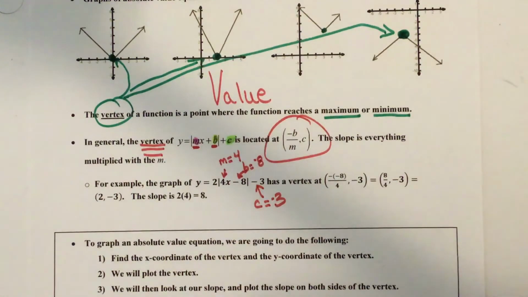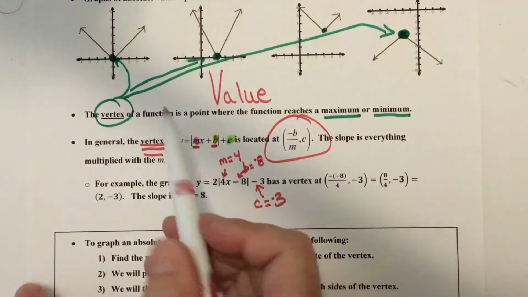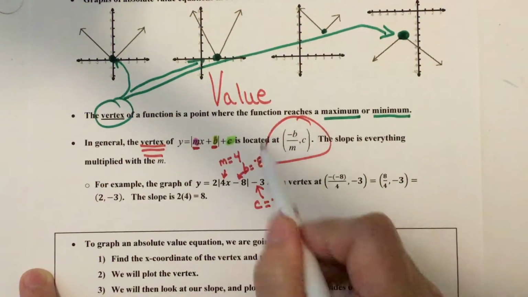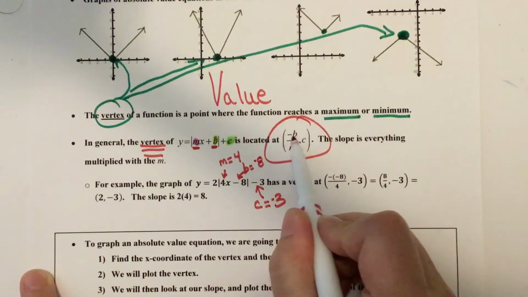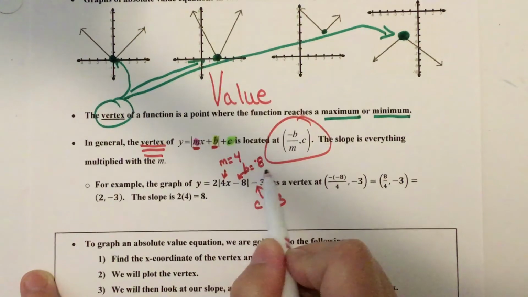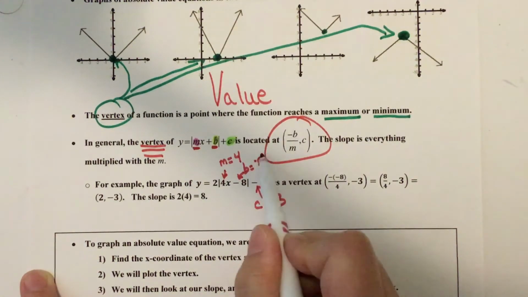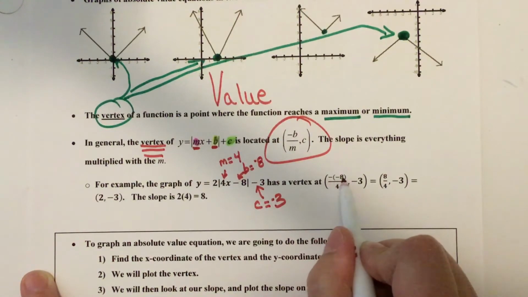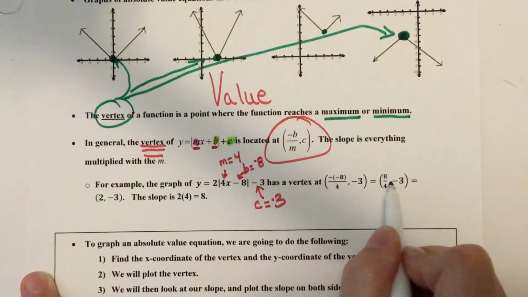Right now, what I'm trying to get us to figure out is what the vertex is. To find the vertex, we use this formula. It says take the opposite of B. So it wants me to take the opposite of a -8. That's what you see right here. The opposite of a -8 is a +8, so that's where that came from.